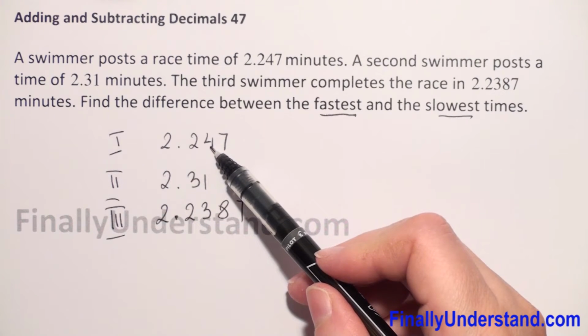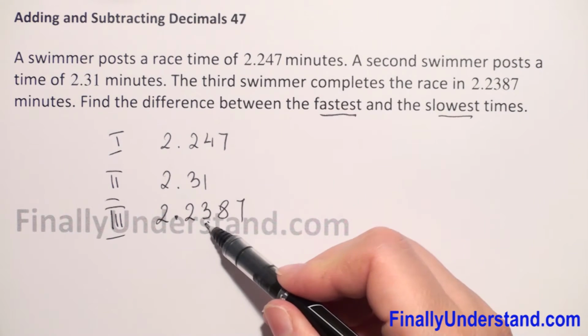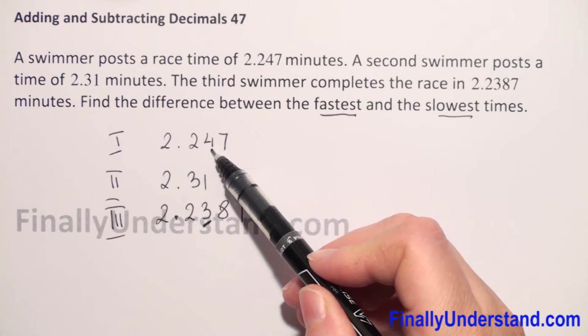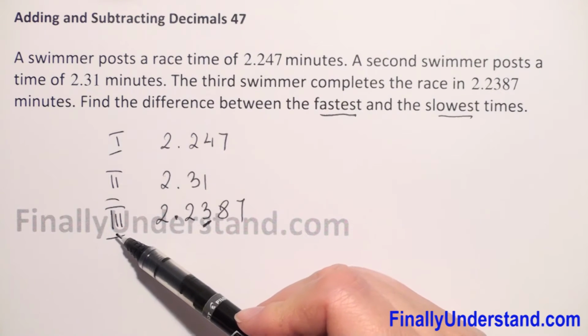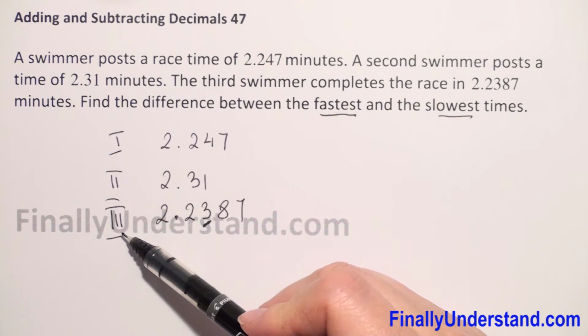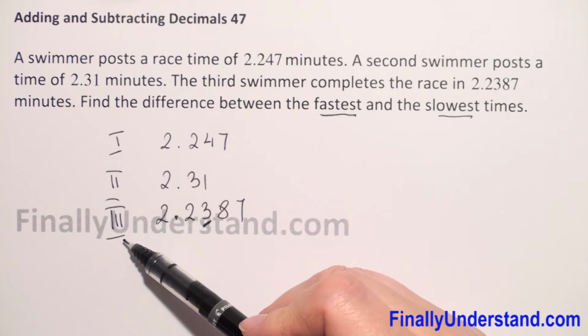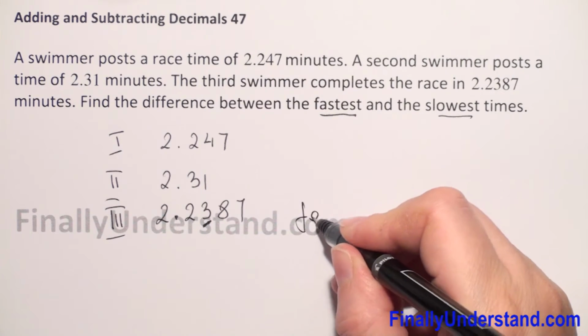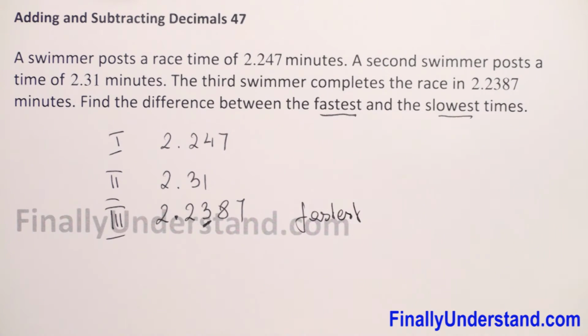Next digits are 4 and 3. 3 is smaller than 4. So it means that the third swimmer is the fastest. And the slowest, of course, will be the second.